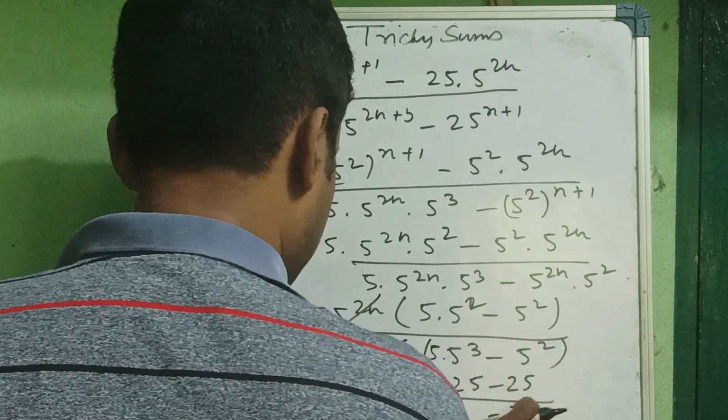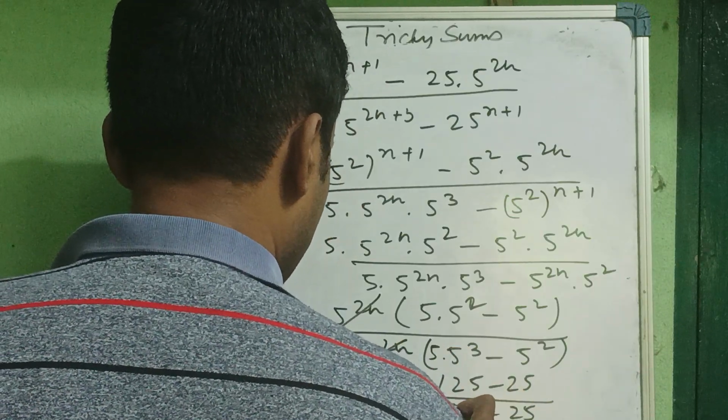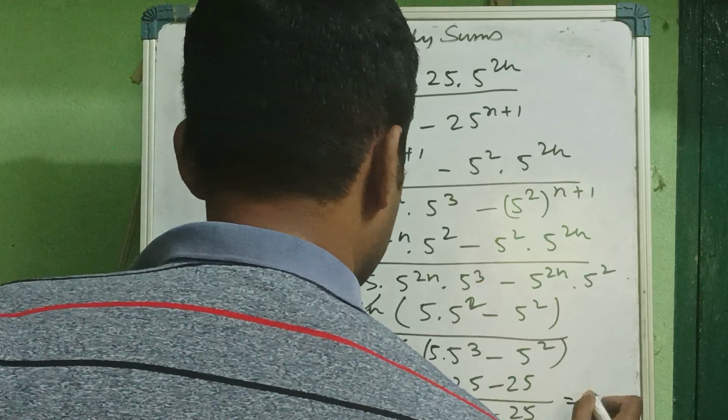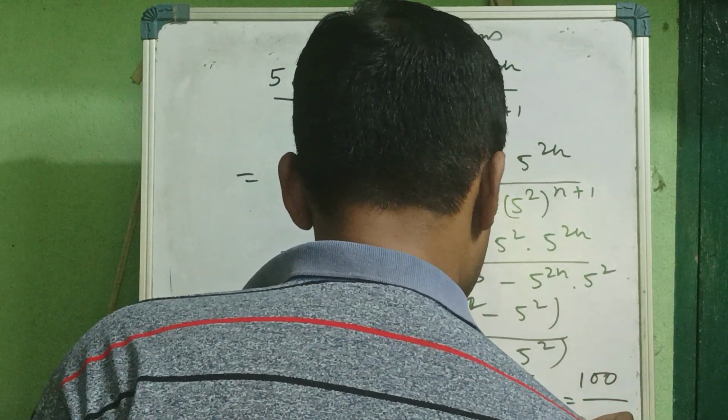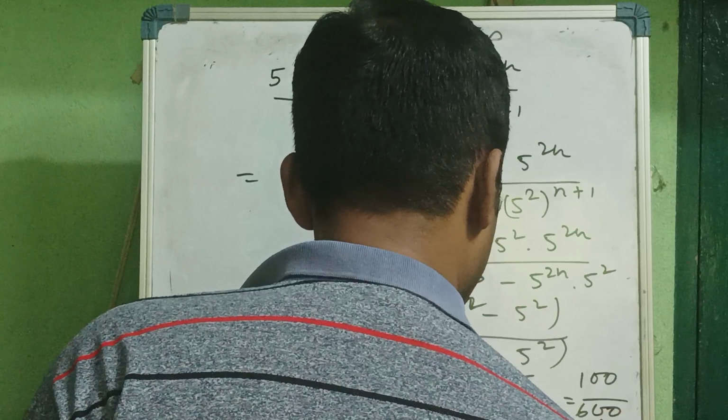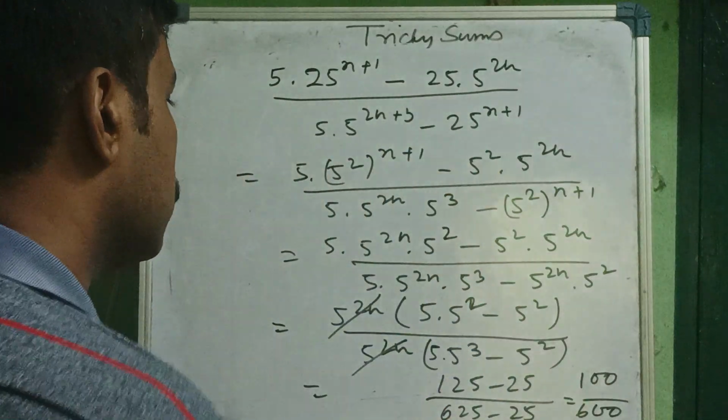So 5 to the power 4, and 5 to the power 4 means 625. So my answer is 100 divided by 600, and that is 1 by 6. 1 by 6 is my answer.